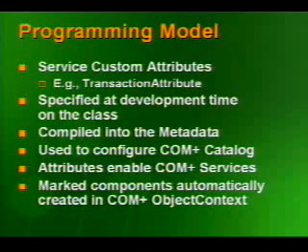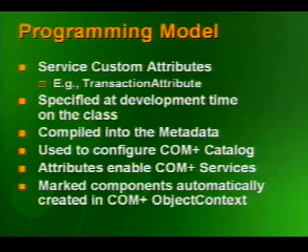So the programming model has been improved in .NET. Improved in the sense that I can now have these service custom attributes such as the transaction attribute, and I can mark them on my class. I can specify them as an actual developer on the class.